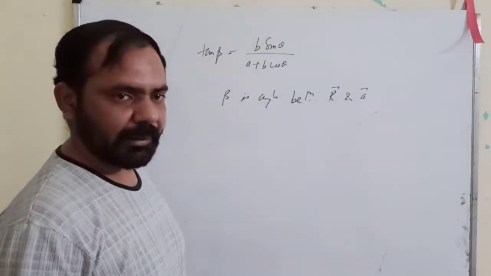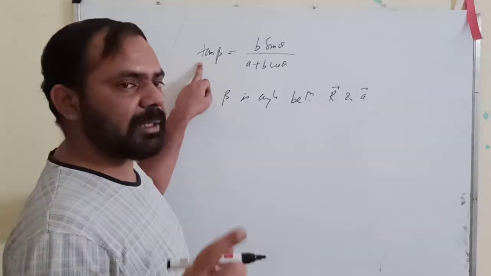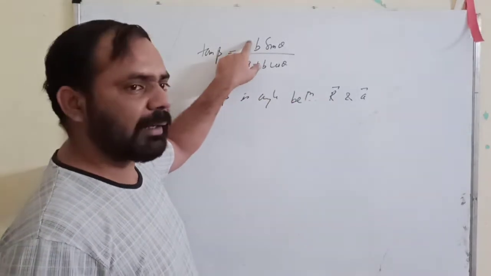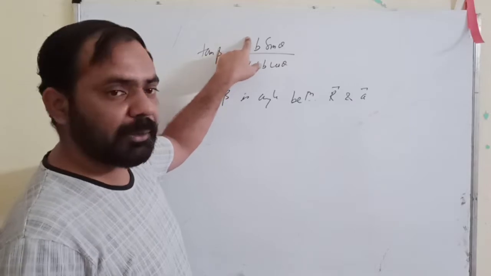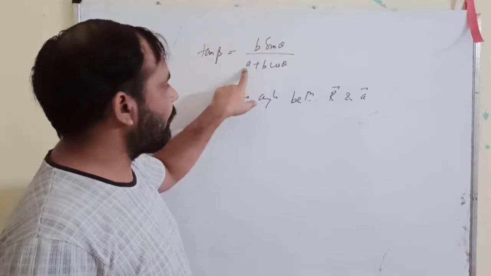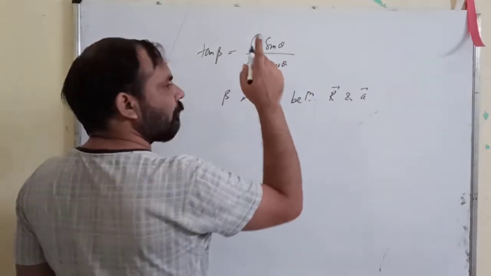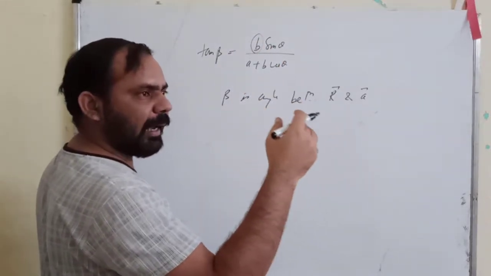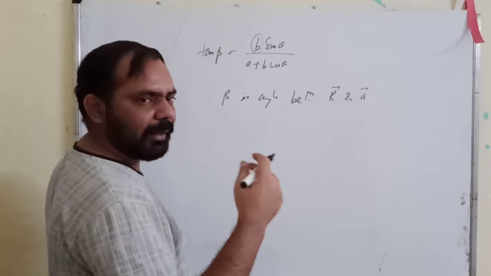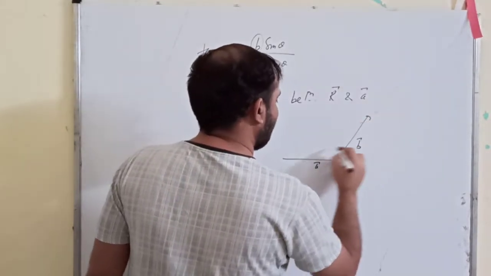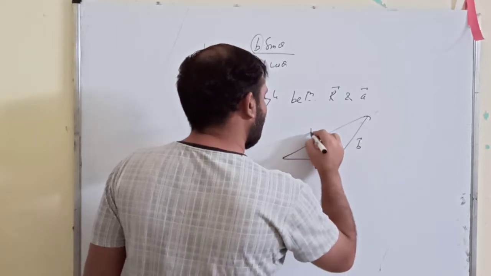Just remember this thing, that if you are finding your resultant's angle with A vector, then the other vector, not that vector, the other one goes in the numerator with sin theta, and then A plus B cos theta. This B is that vector with respect to which you are not obtaining the angle. It is like this: A vector, B vector, and this is your R vector.